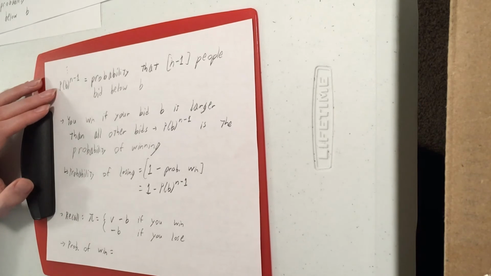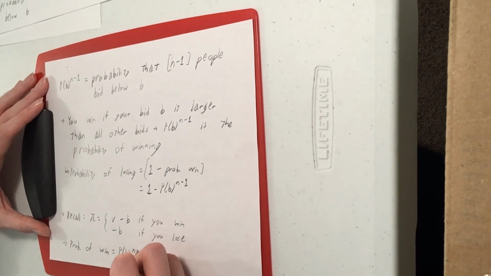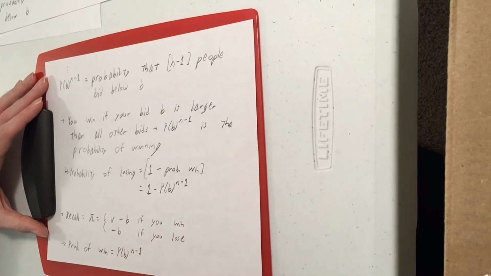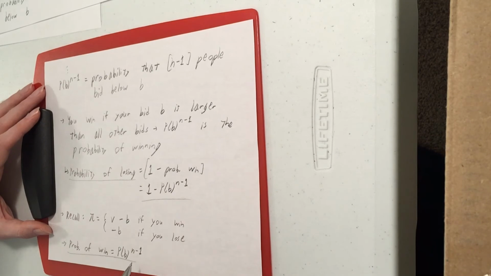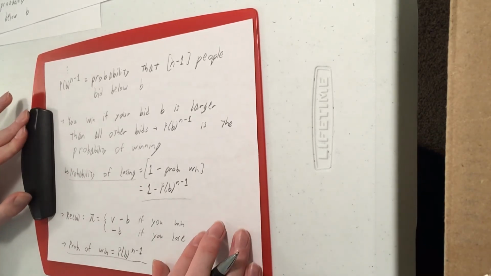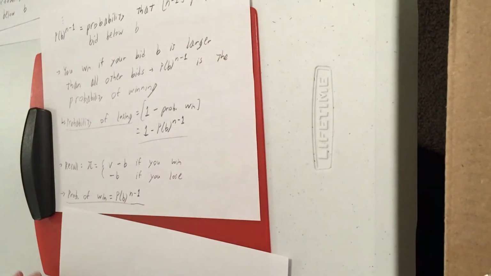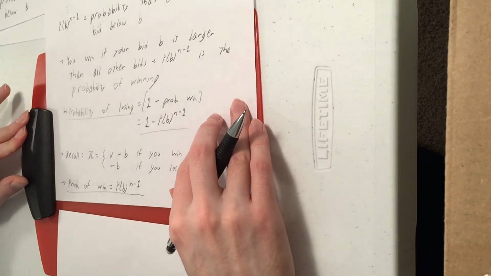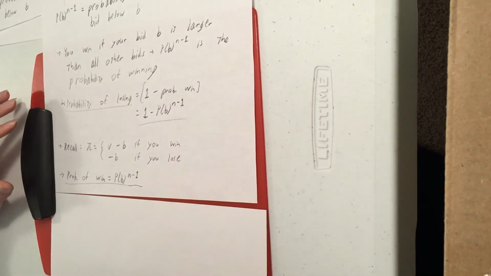We just established that the probability of winning is P of B to the n minus 1. And the probability of losing is 1 minus that. So now we have the tools in place to set up the expected payoff.